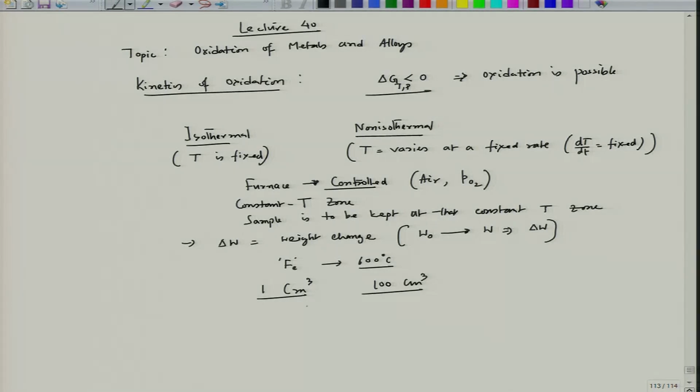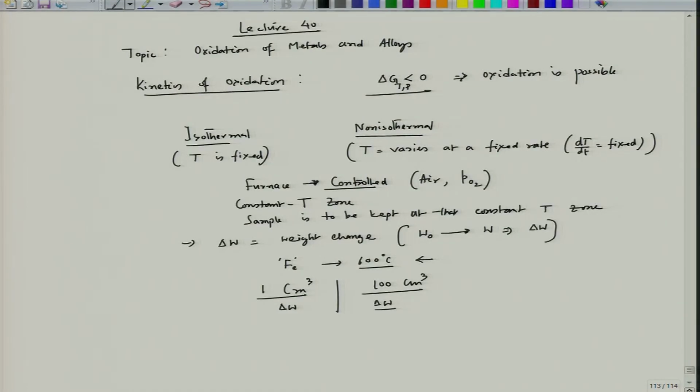That means in both cases if I only measure delta W, I will have erroneous data, because in this case delta W would be much higher, and at the same time if they are the same sample, same temperature, all the other parameters fixed, then it should have the same kinetics.